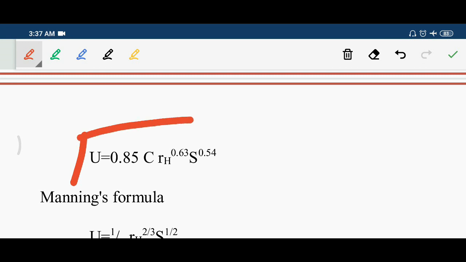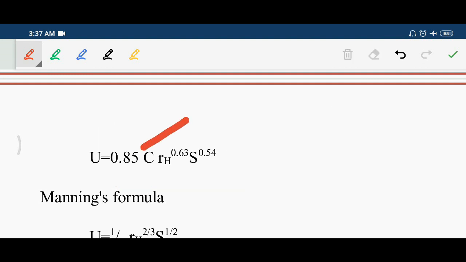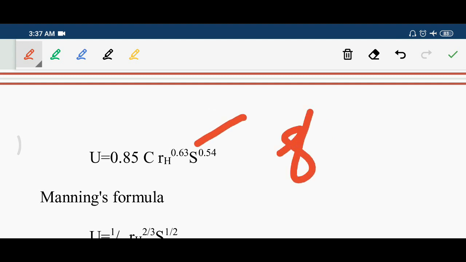So you have to memorize this formula, where U is the velocity in meters per second, C is the Williams coefficient, RH is the hydraulic radius in meters, and S is the slope.